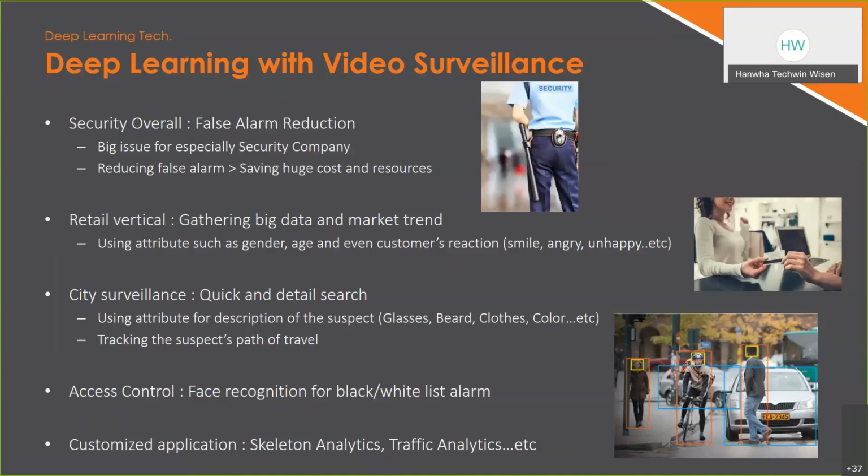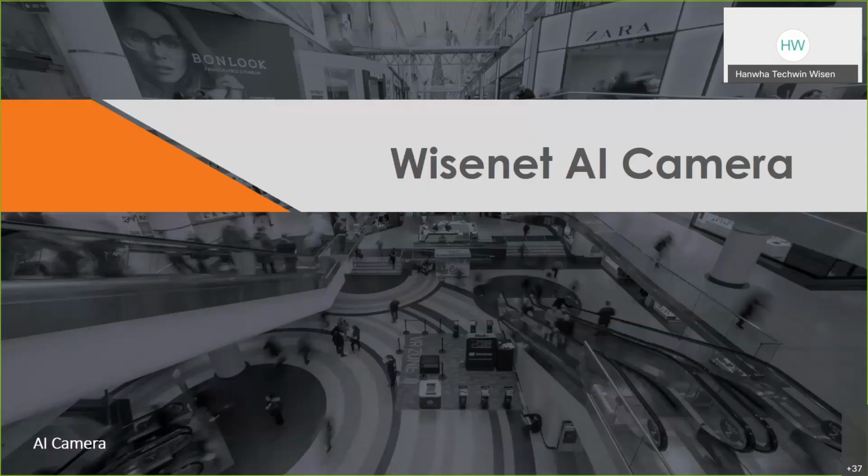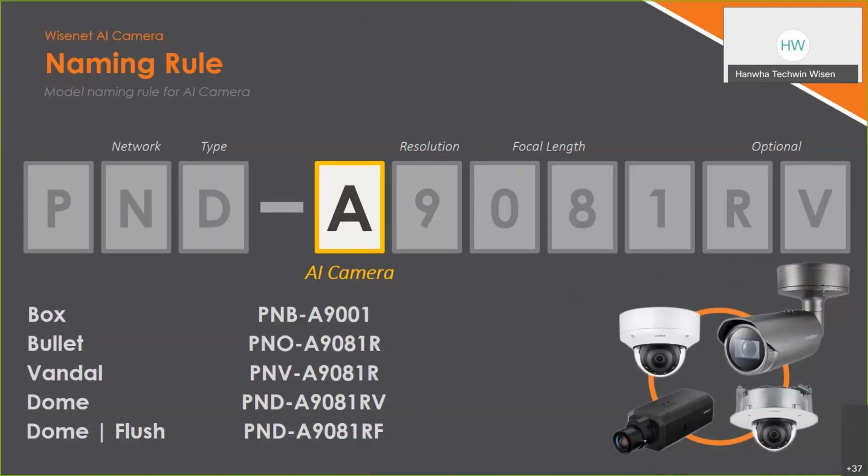So far, we have been looking at the general idea of deep learning, and now let's have a look at our Wisenet AI camera. Basically, we have various types of cameras, of course: box, bullet, anti-vandal and dome cameras.